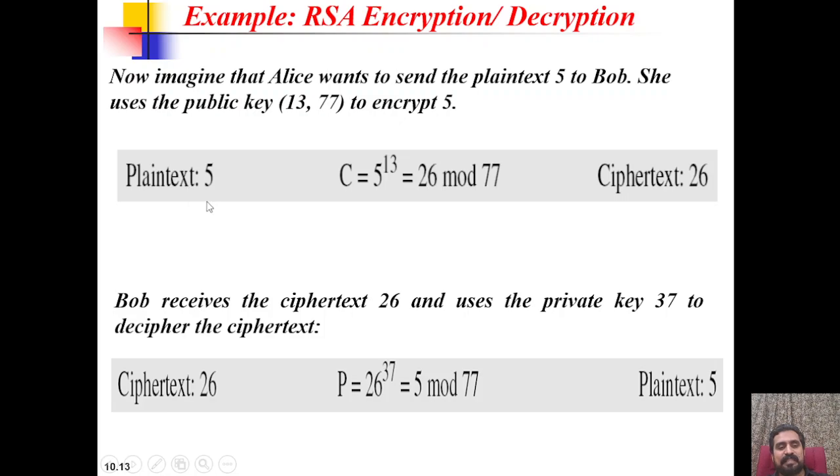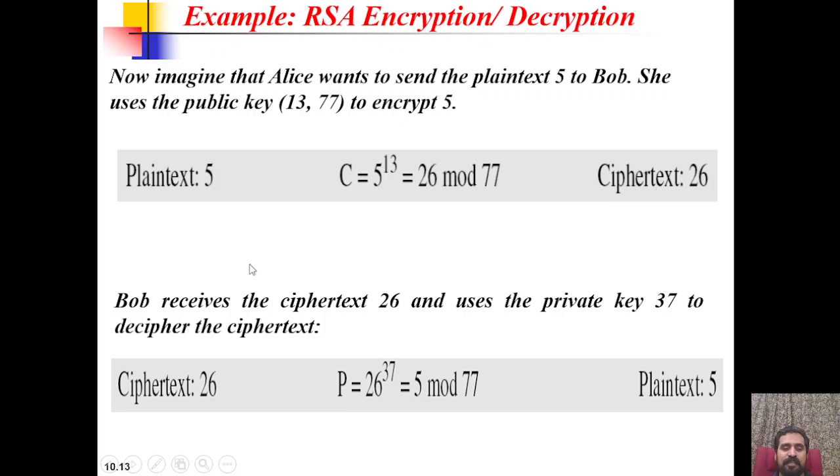Using the formula, ciphertext equals the message to the power E mod N, we get 5 to the power 13 mod 77, which equals 26, and so the ciphertext is 26.